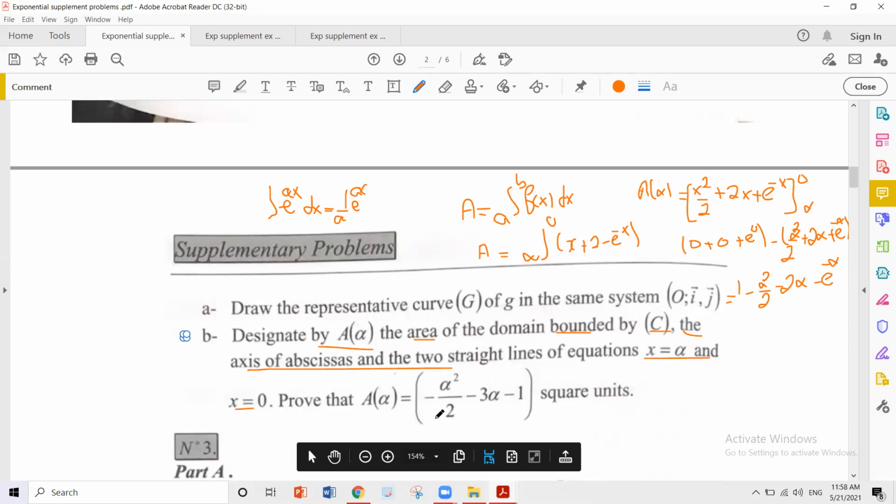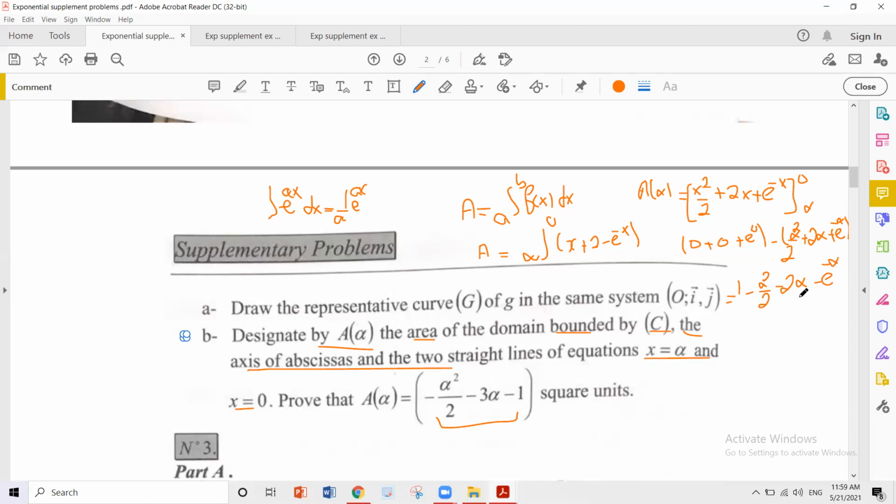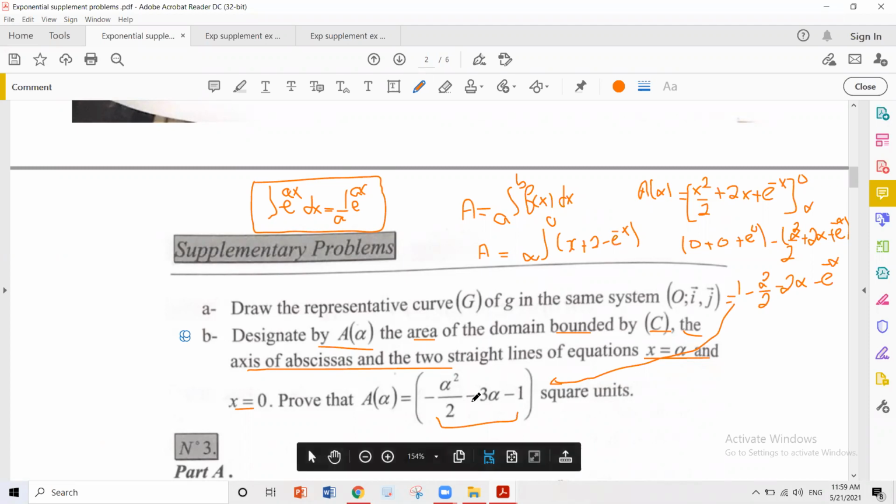But we didn't reach this one. How do we reach it? How do we make this one and that one the same? How do we make this one equal that one?